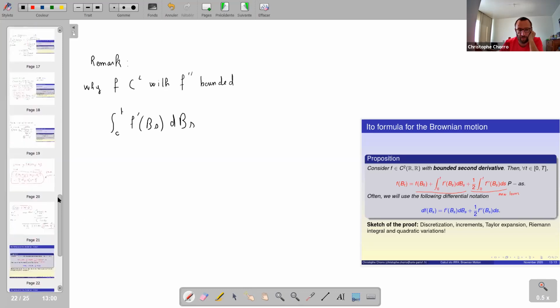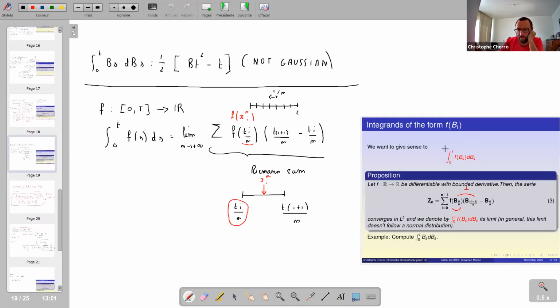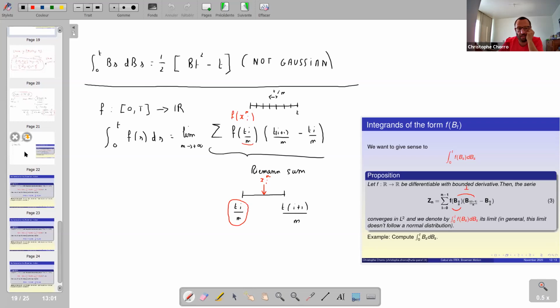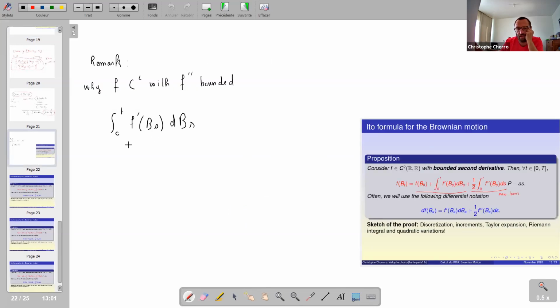Keep in mind that in my definition, in order to define this one, I want the mapping here to be differentiable with a bounded derivative. But here I have f prime. So in order to cope with the previous definition, f prime has to be differentiable with bounded derivative, if I want to use my previous definition.